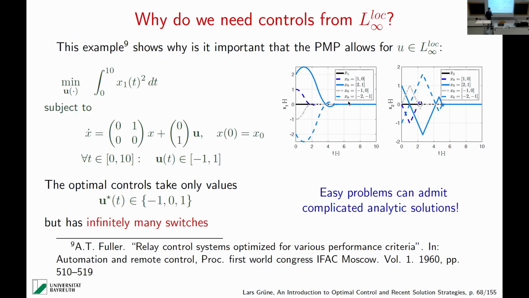Very easy problems can really admit very complicated solutions. Complicated in the sense of not a simple function that has a couple of discontinuities, but in fact an accumulation point of discontinuities. So yeah, I like this example a lot, even though the practical impact is of course somewhat limited, but theoretically a very nice example.